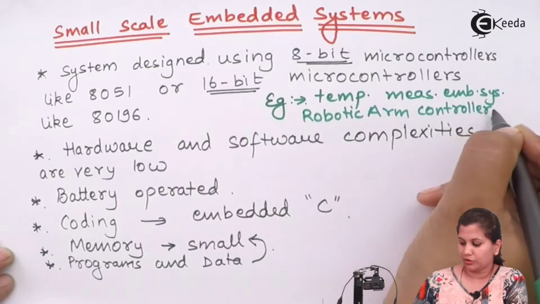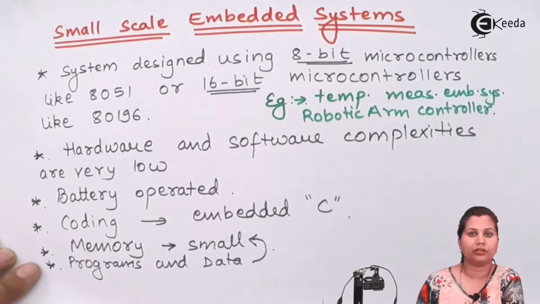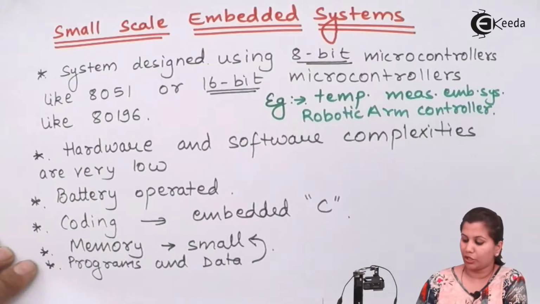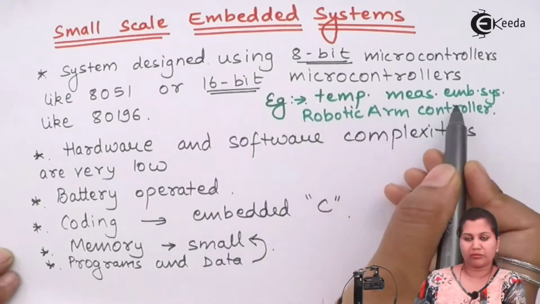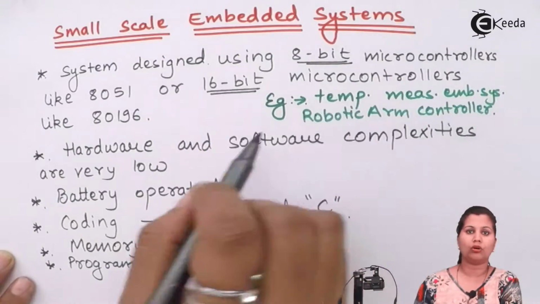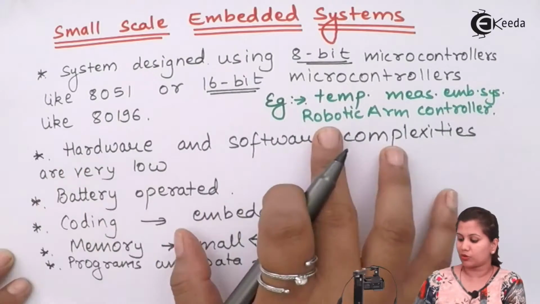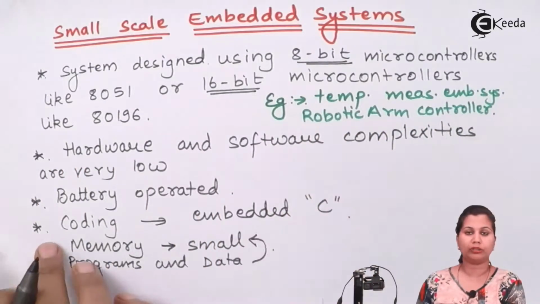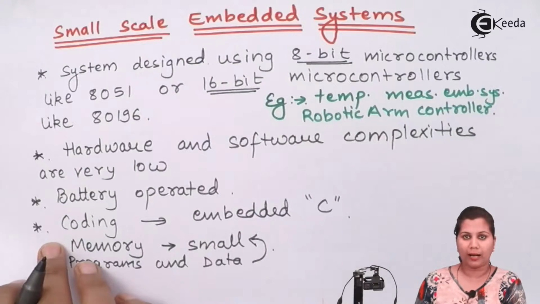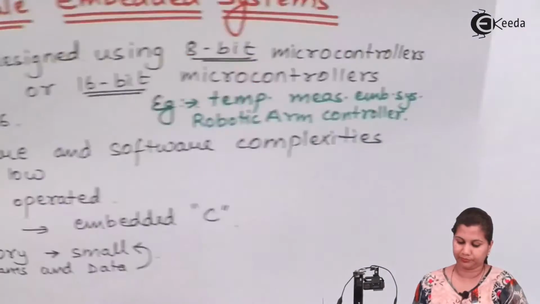These are some examples of the small scale embedded system. You can see that in the simple temperature measurement embedded system, no complex nature is there. Also in the robotic arm controller, only the movements of the arm are included.